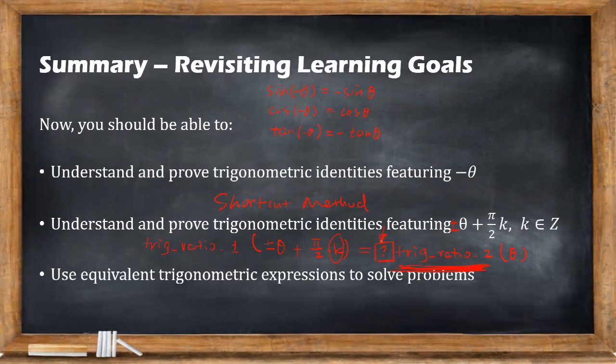And the sign here is determined by assuming theta here is an acute angle and considering which quadrant this angle is in, and using the CAST rule to determine the sign of this trigonometric ratio in that quadrant. And that sign is exactly the sign here. Understand? Do check the shortcut method of the class by yourself, okay? This is very useful.